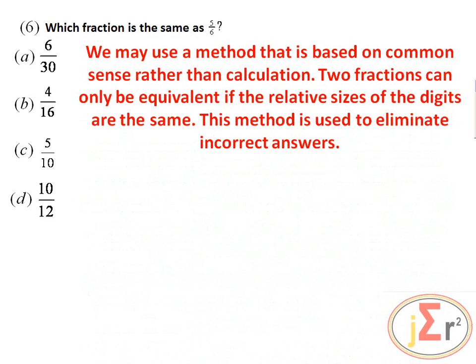This method is used to eliminate incorrect answers. So we will eliminate the incorrect answers by making use of the fact that the relative sizes of the digits must be the same if the fractions are the same.